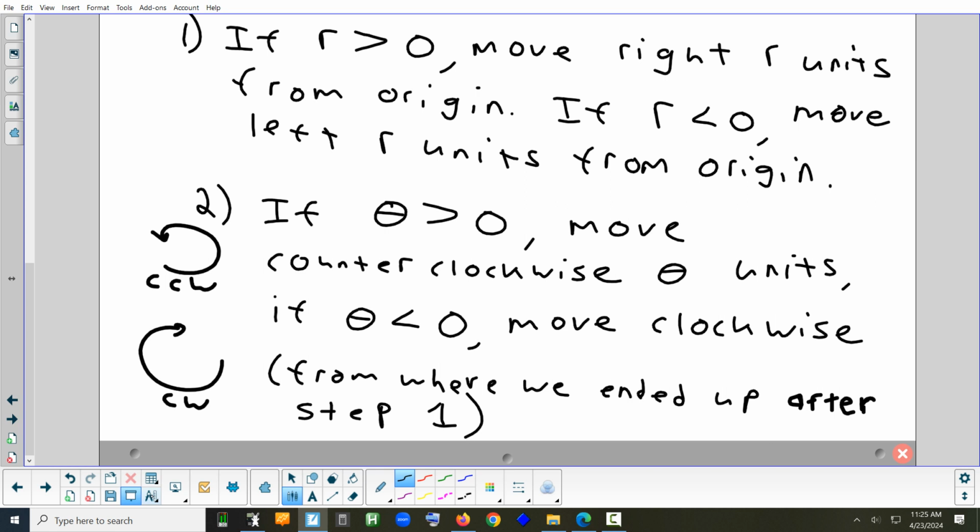And again, that's after you do r. So you have to do step 1 first. Next, we're going to look at how we graph some points, and then how we change a point from the system we're working with now back to the coordinate system that we're used to.